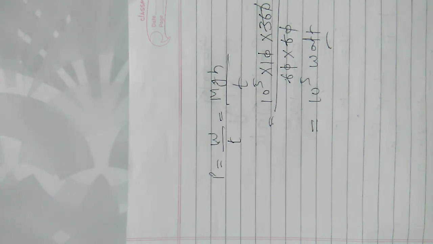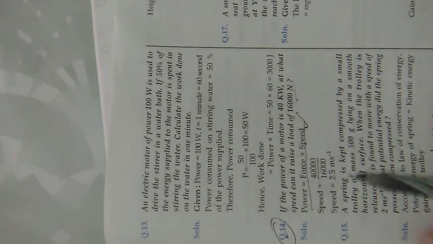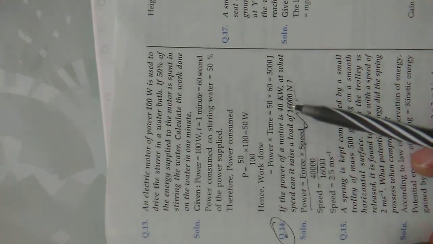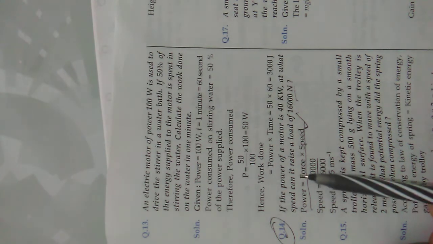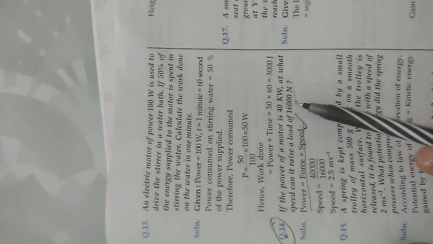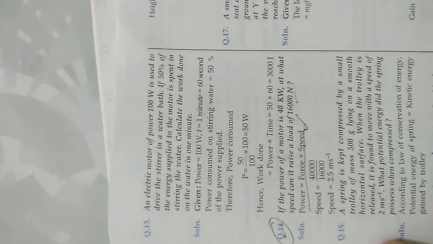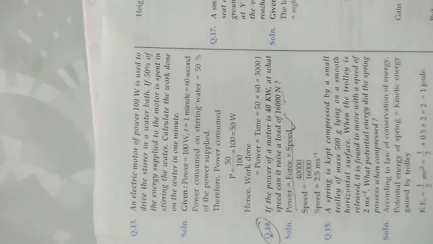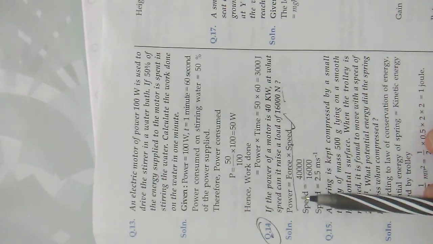Now coming to the next question, question number 14. Question number 14 in this book is saying: if the power of the motor is 40 kilowatt, at what speed can it raise the load of 16,000 Newton? It is a very simple question. Power equals force into speed, we know the formula for power.